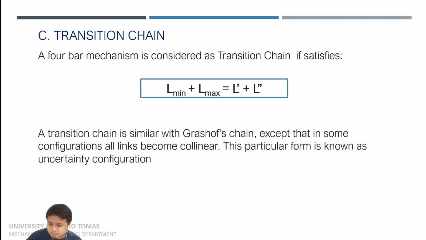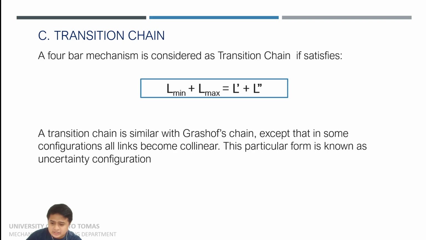Usually the characteristic of a transition chain is that all of them will be double cranks, no? So most of the time the two links can fully revolve within their axis.